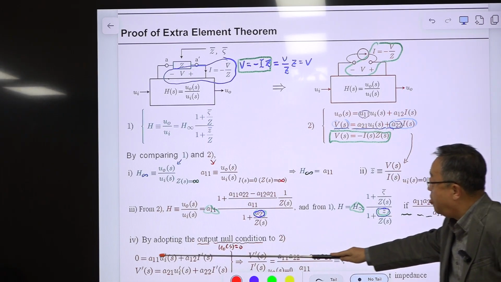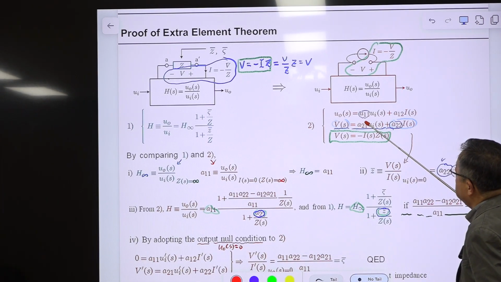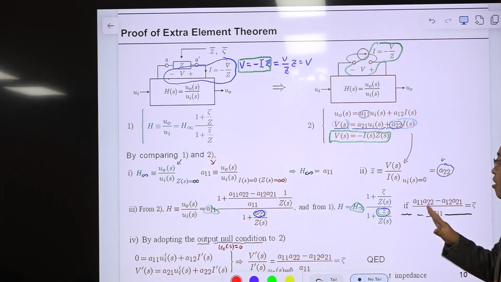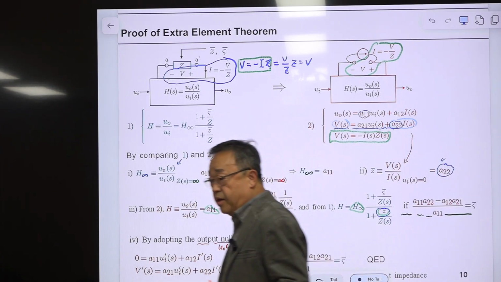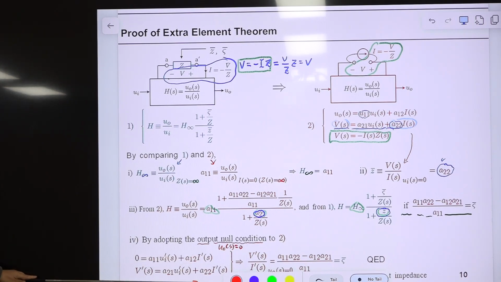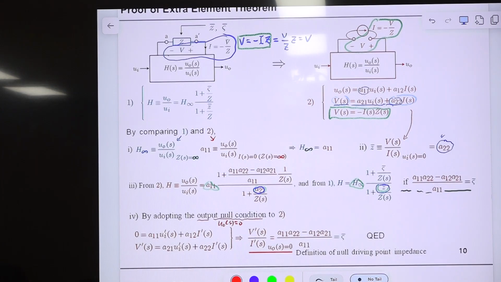And with this condition and this condition, this V prime is the particular value of UI prime and I prime that make the output null condition. You don't have to find out this case, but assume this has occurred. Then with that, you solve this, and you find out the ratio of this.